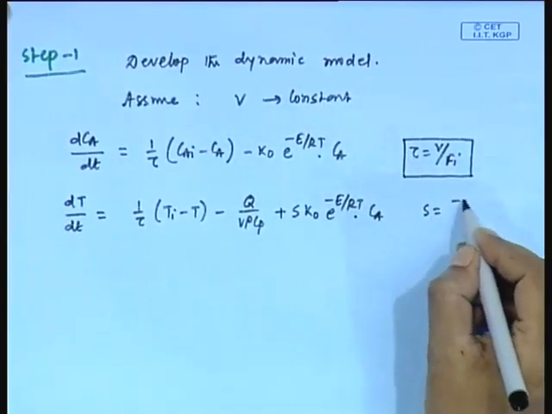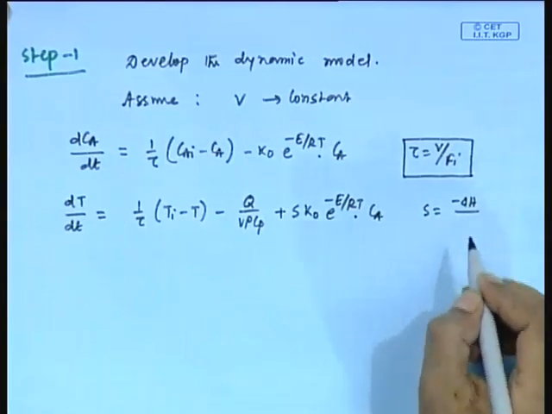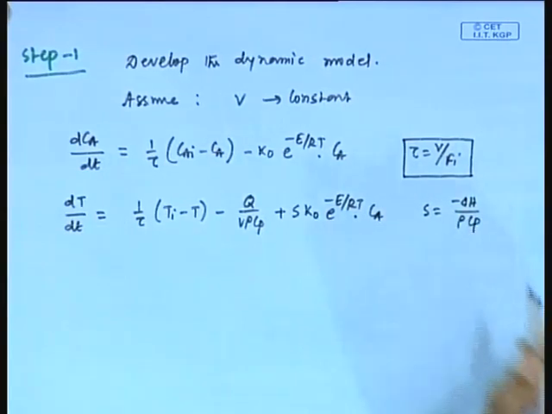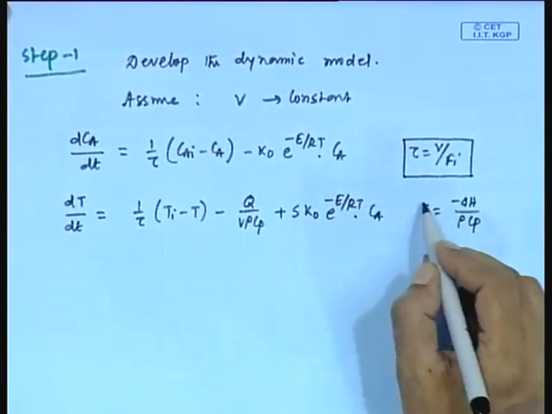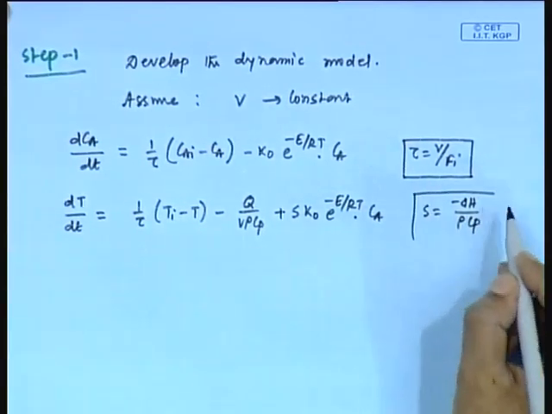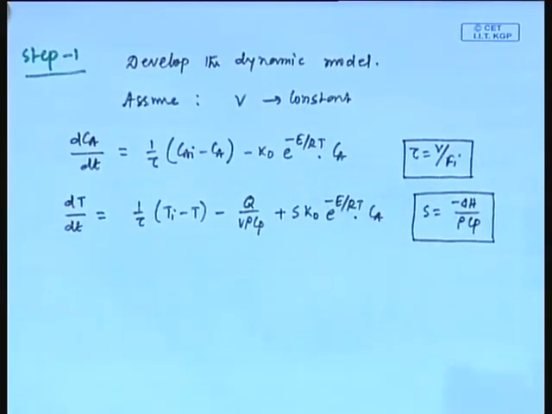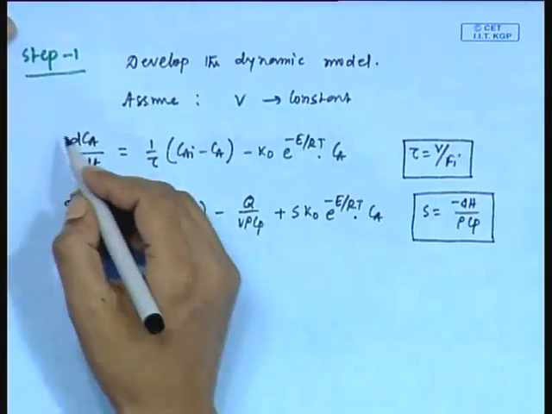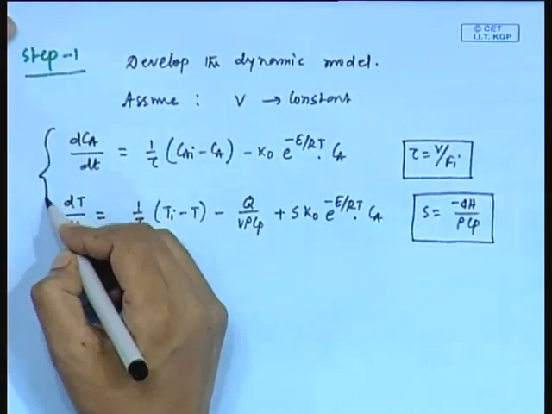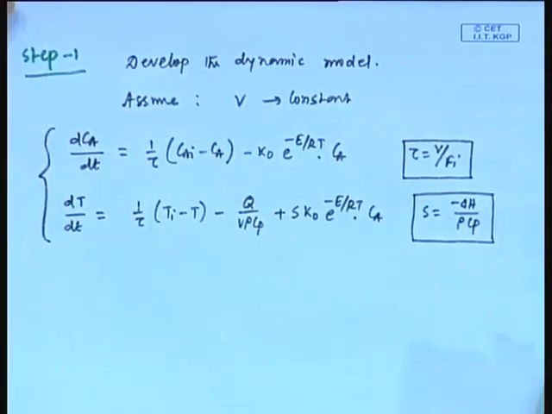S is minus of delta H divided by rho Cp. This is S, and you see this S is a constant quantity. Fine. Similarly, tau is also constant. So, this is the final model structure which we need to develop in step 1.